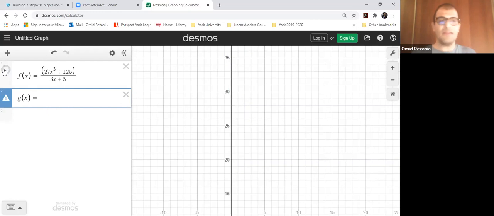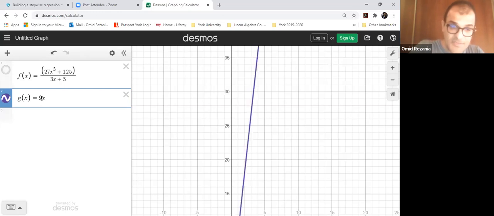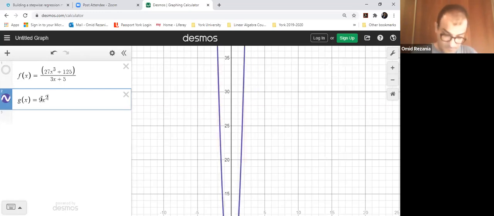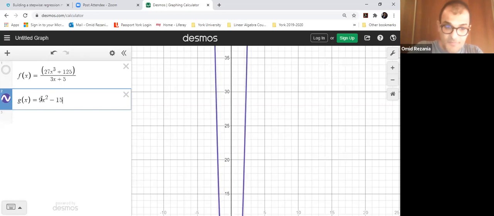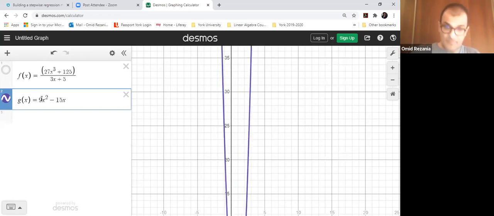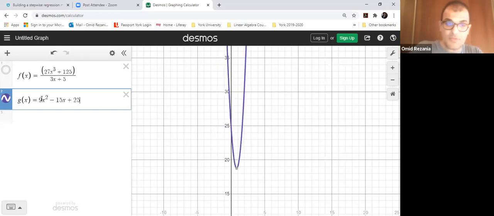Let me stop this function which I had before, and it's going to be 9x squared minus 15x plus 25. This is going to be this purple color function then. You see that? This is plotted.